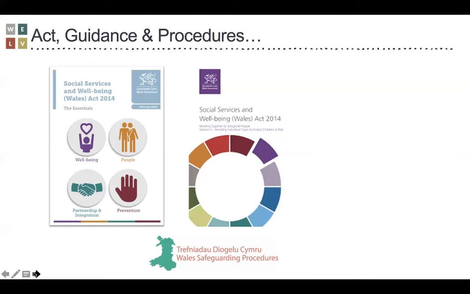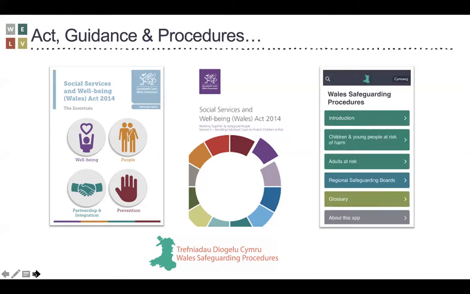Since the implementation of the Act, we have been using this guidance alongside the All Wales child protection procedures. We are now using the Wales safeguarding procedures, which have replaced the All Wales child protection procedures.